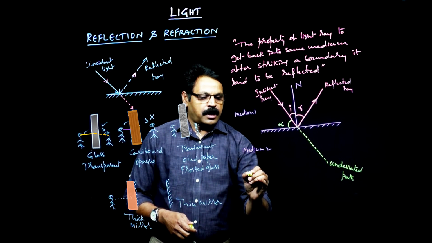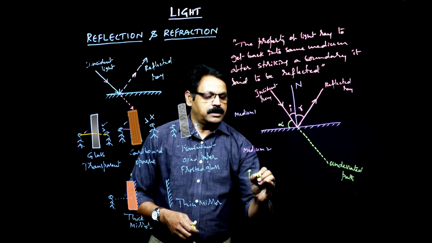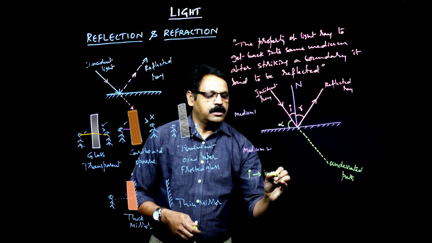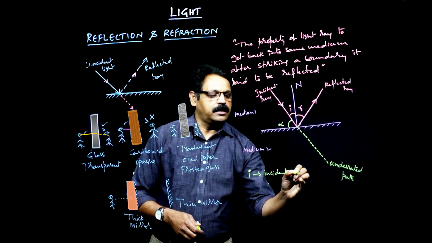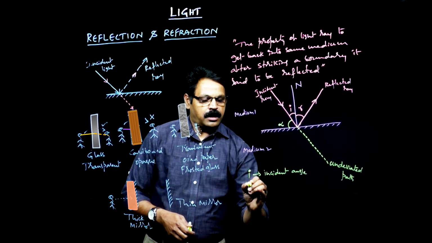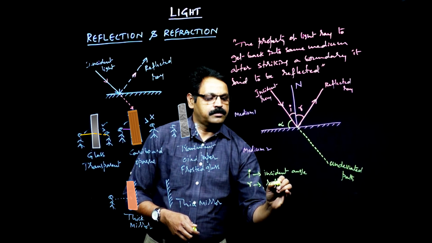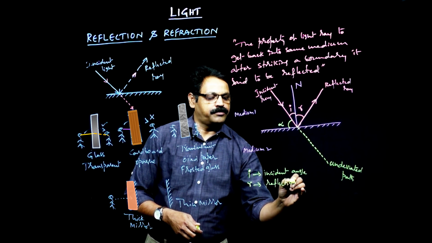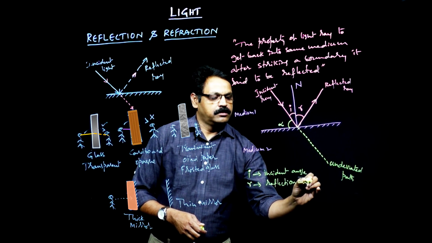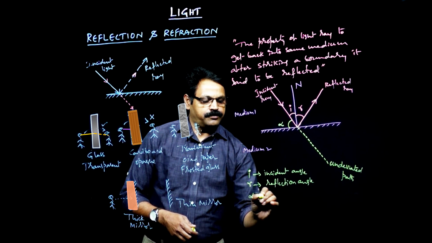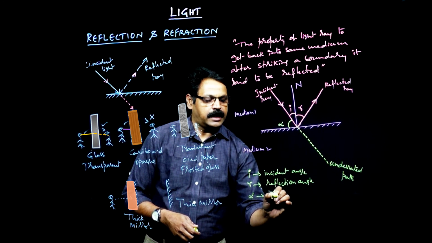So here I is called the incident angle, R is called the reflection angle or angle of reflection, and alpha is called the glancing angle.